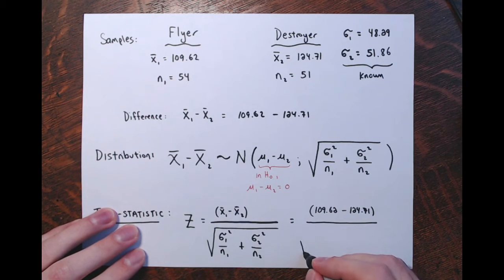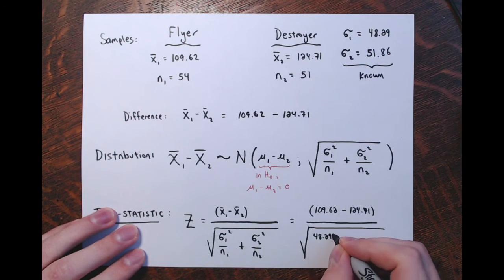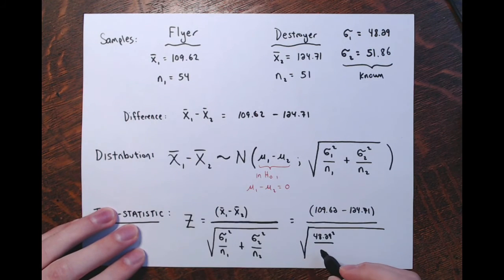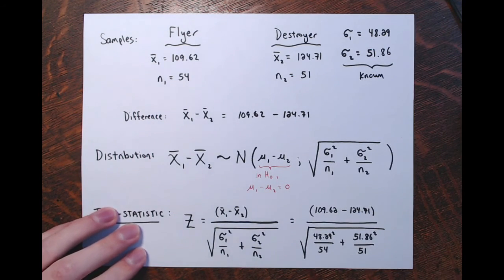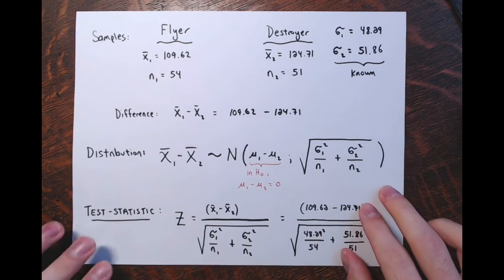I'd be dividing by the square root of sigma 1 squared, so 48.29 squared divided by n1, which was 54, plus sigma 2 squared, 51.86 squared divided by n2, which is 51. And make sure when you're punching this in that all of that is underneath the square root symbol.